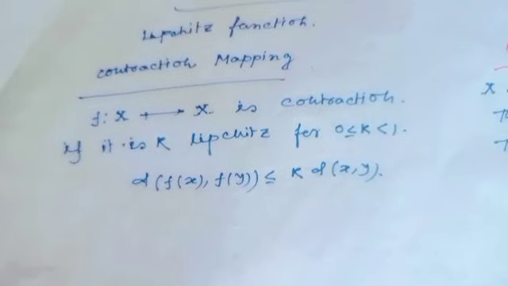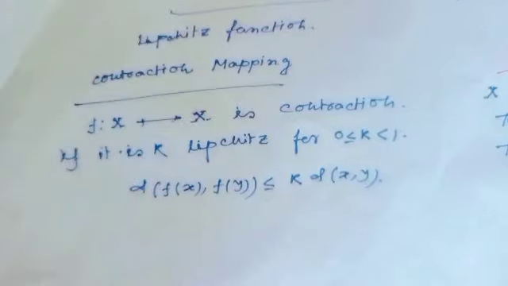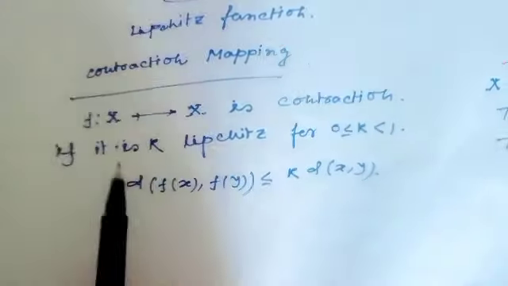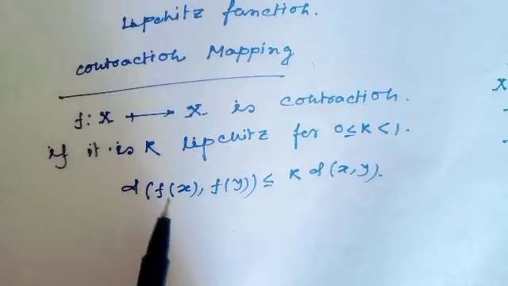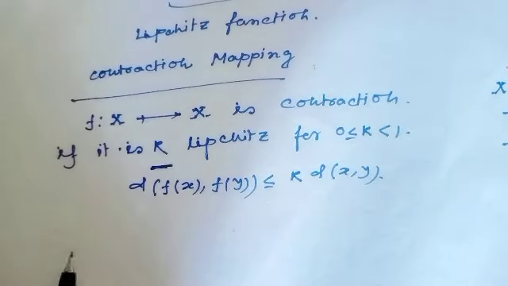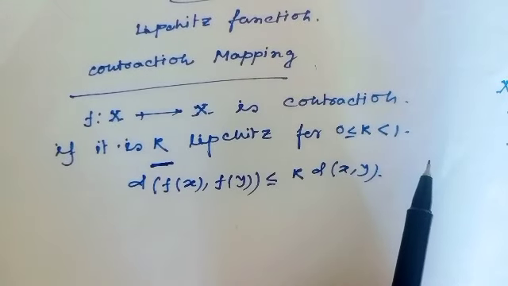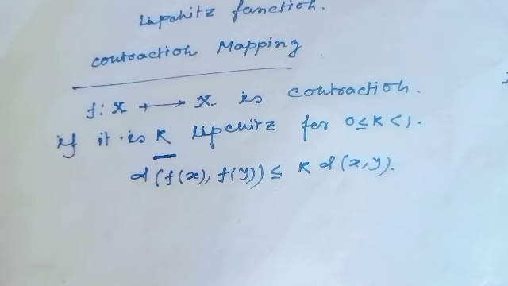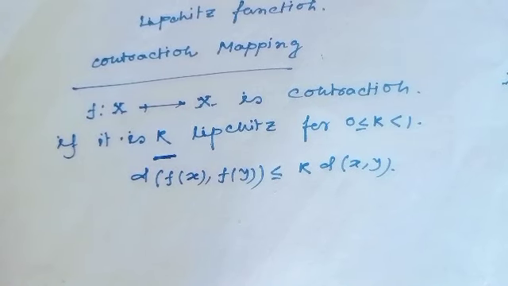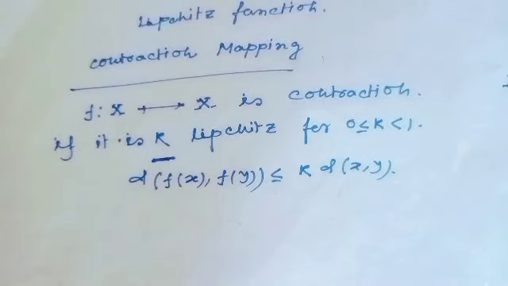At first I will say what a contraction map is. All of us know Lipschitz functions. A map from X to itself is a contraction if there exists a real number k, with 0 ≤ k < 1, such that d(f(x), f(y)) ≤ k·d(x, y). That means the distance between the image points is always less than or equal to k times the distance between the original points.